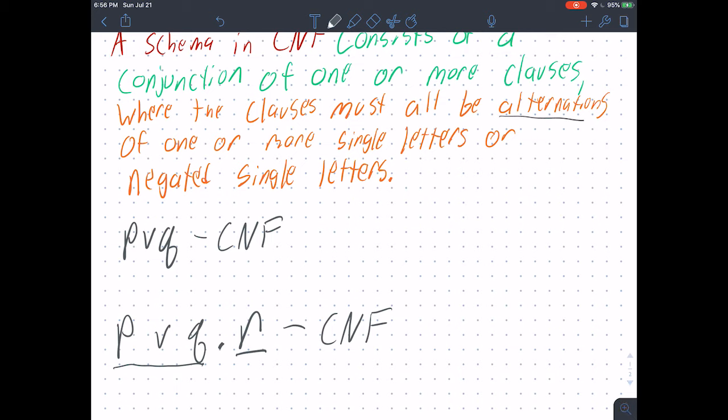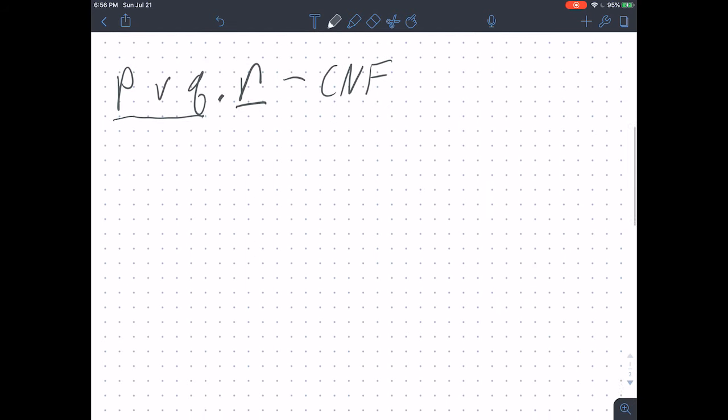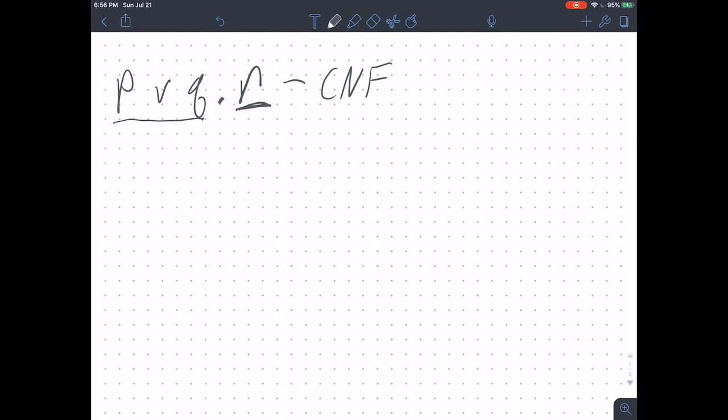But when we say an alternation of one or more single letters or negated single letters, that means that single letters qualify. In case you're curious, the reason this counts as an alternation of one single letter, even though we don't have an alternation symbol there, is that, remember, R here is equivalent to R or R. So when we have a single letter by itself, we can think of it as an abbreviation of this, which is an alternation.